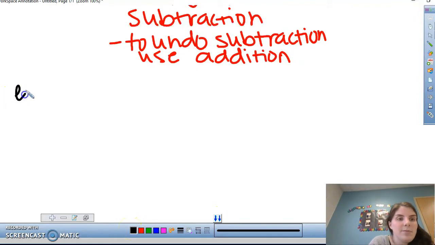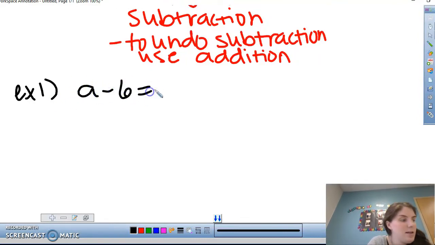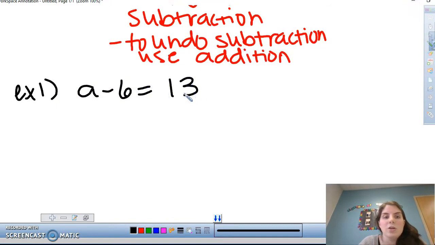So to start with example 1, if we have a minus 6 equals 13. Our goal is to get this a completely alone. Like it said above, to undo subtraction, you can use addition. Or if you want to think of it as this is a negative 6, so to undo a negative 6, you should add 6.